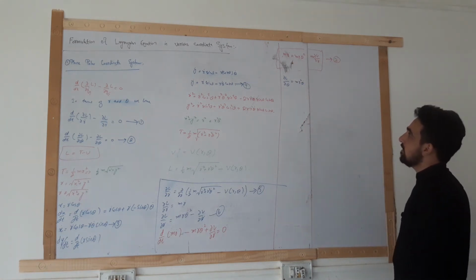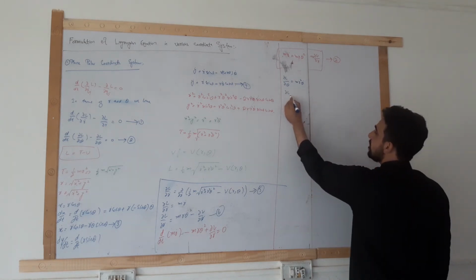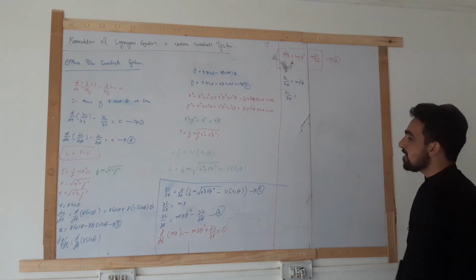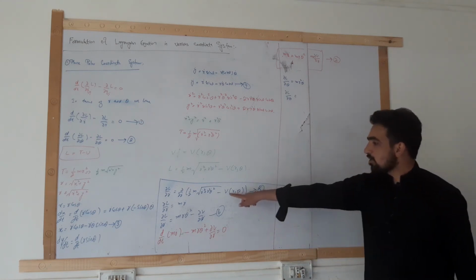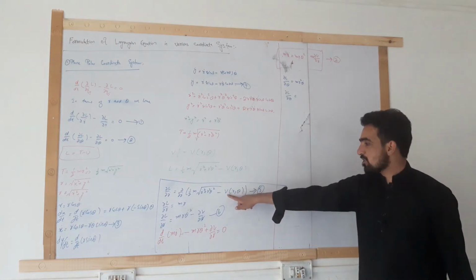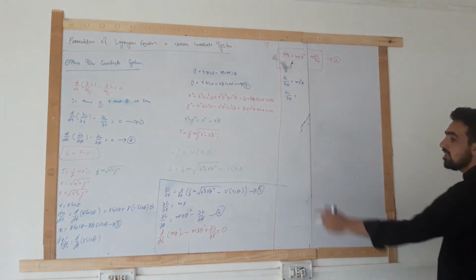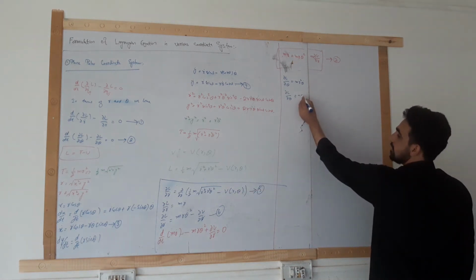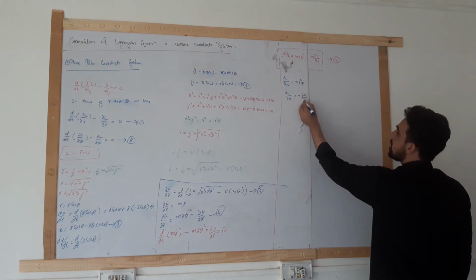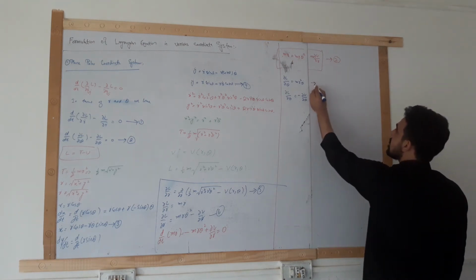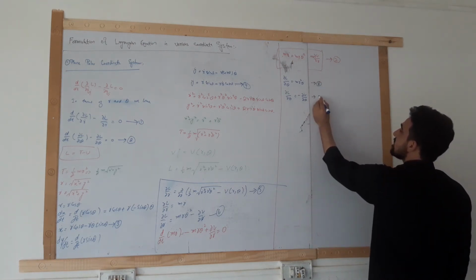Similarly, partial L by partial theta: only the potential energy depends on theta, and the rest of the terms do not include theta. So we will have minus partial V by partial theta. Let us call this equation 8 and this equation 9.